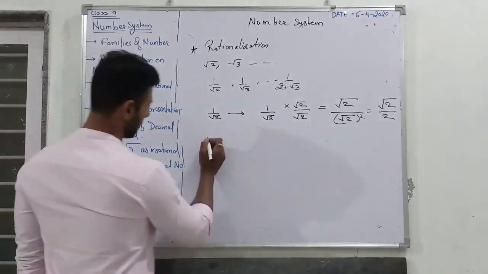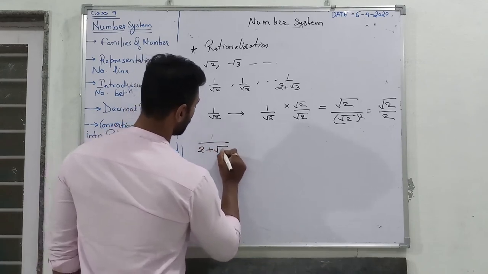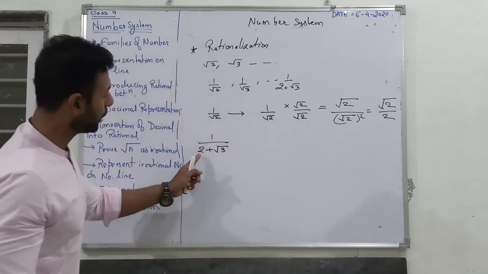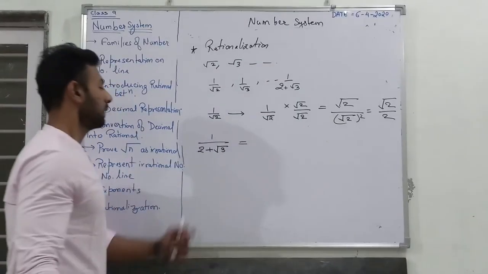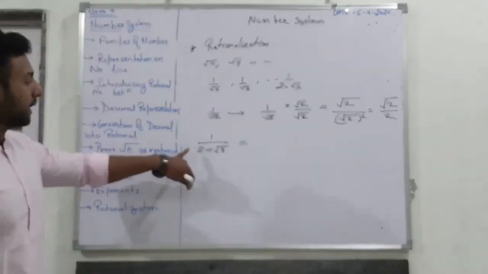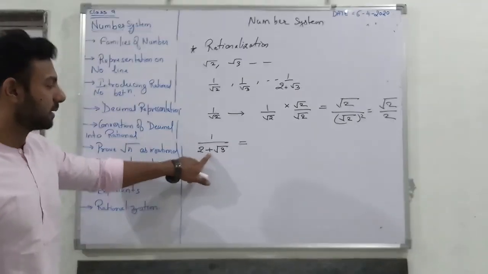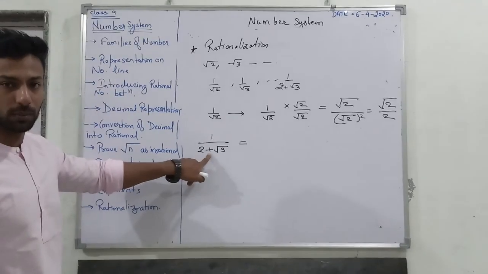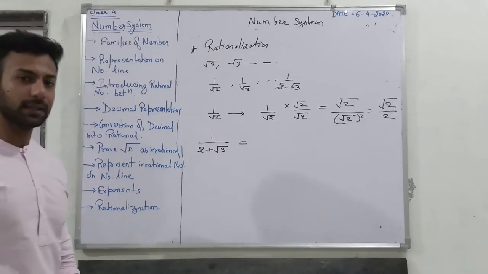Let us see one more example. We are having 1 upon 2 plus root 3. Now we have to rationalize this. To rationalize these types of numbers, we have to just change the sign which is between these two numbers and multiply and divide by the same number in the numerator and the denominator.